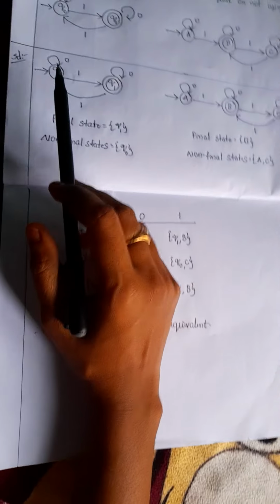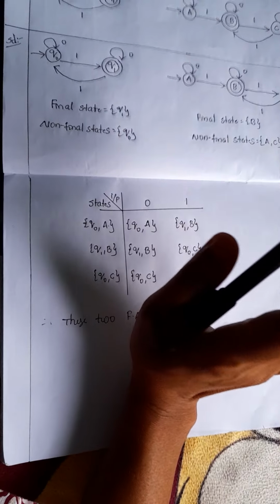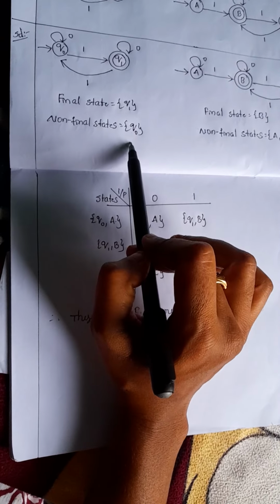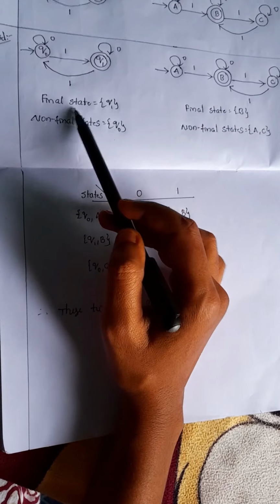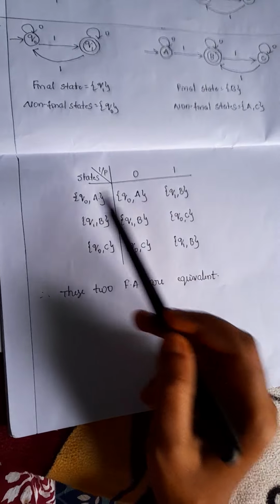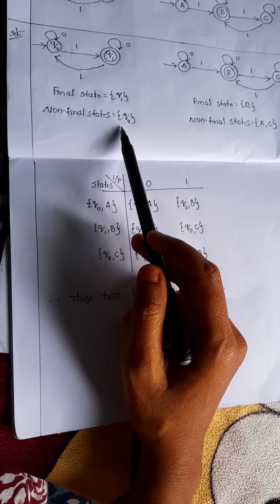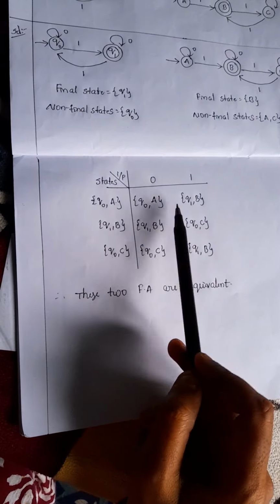As of now, they will give two finite automata diagrams, otherwise they will give tables also. You can identify the final states and non-final states from the diagram or table. We list the final and non-final states for both, and later take one transition table with the inputs and state combinations. We start from the initial states of both finite automata and write the transitions.